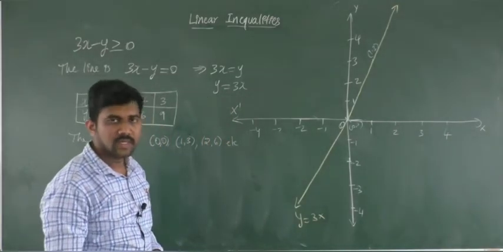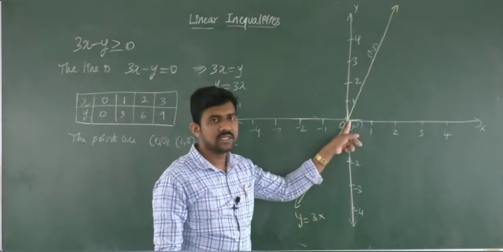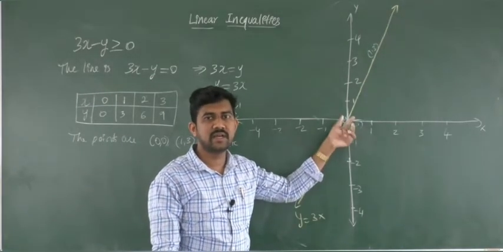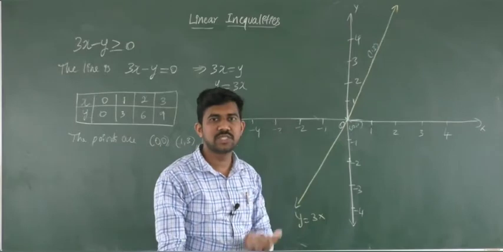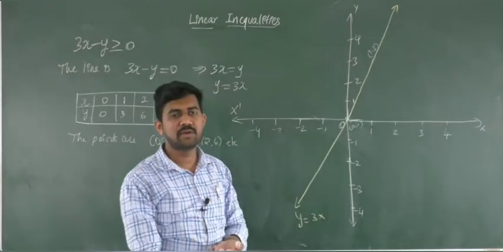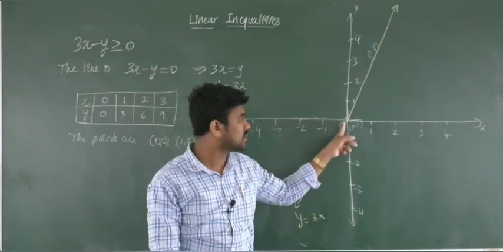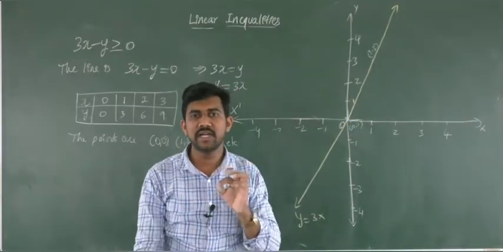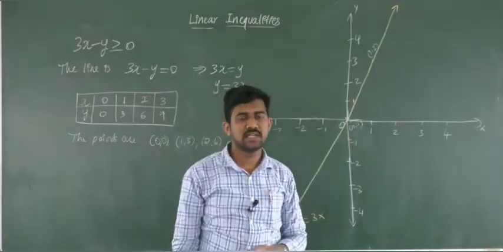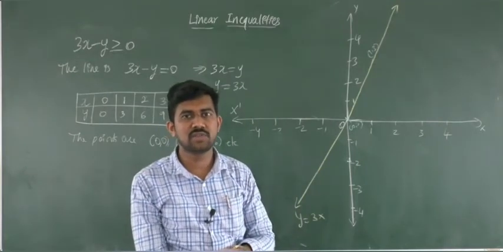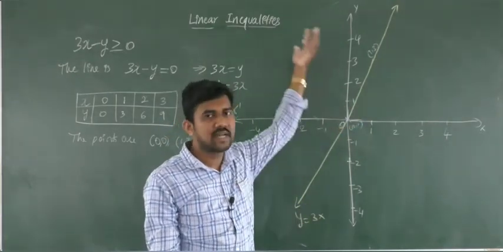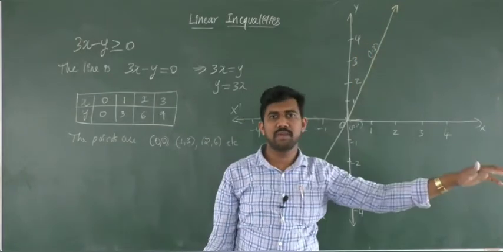Okay, now can we take the origin to check where the solution region comes? No. Okay, because the origin lies on the line, so we can't take the origin to check the solution region here, because the solution region lies either in the upper half plane or in the lower half plane.